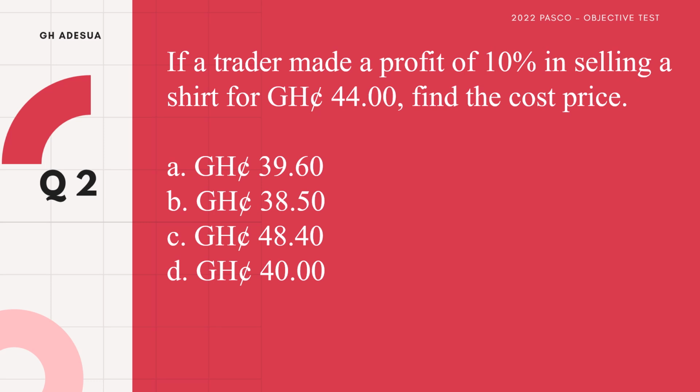Question states that if a trader made a profit of 10% in selling a shirt for 44 Ghana cedis, find the cost price.